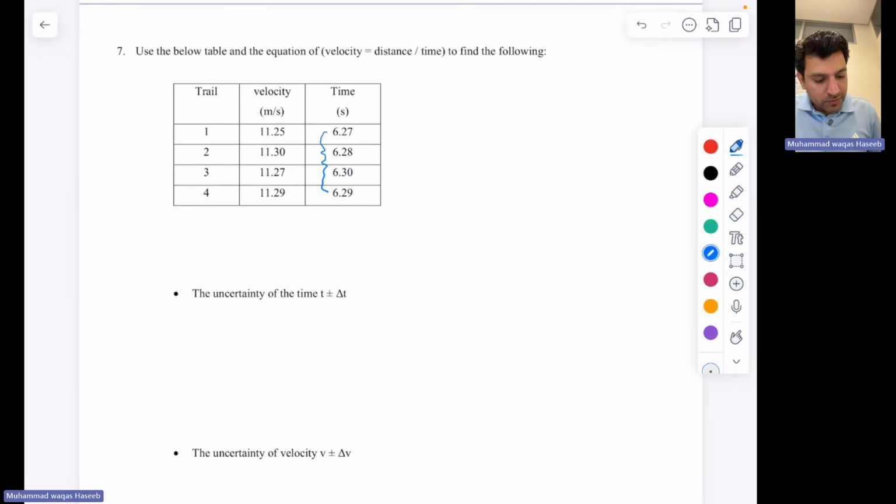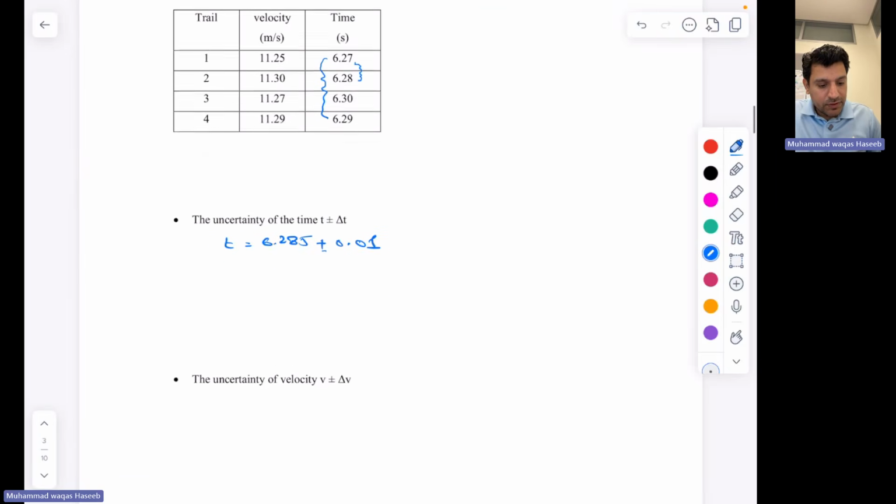So this is your average value of time, 6.285. Okay. And the uncertainty in the average duration is 0.01. Okay.